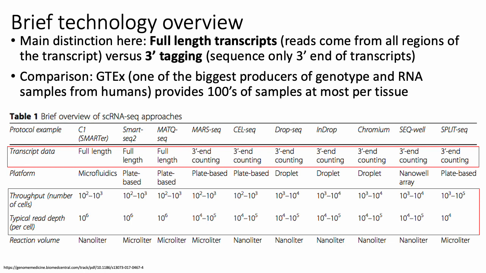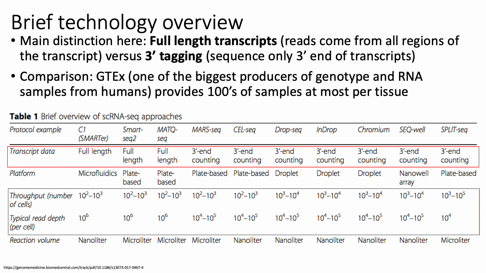Another really important point I want to make here is that the throughput we're talking about is on the order of hundreds to hundreds of thousands of cells. In comparison, some of the biggest gene expression studies that used bulk RNA sequencing, such as the GTEx project that sequenced different human tissues, even these super large consortia that did bulk RNA-seq assays could only sequence on the order of hundreds or now low thousands of samples for the entire project.